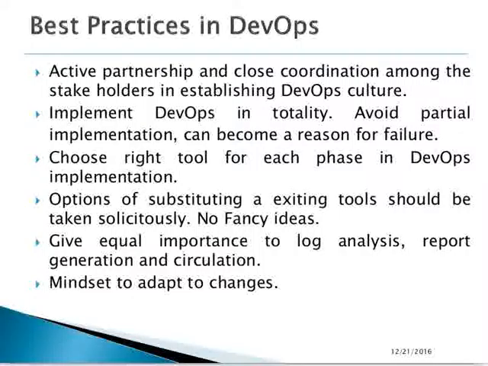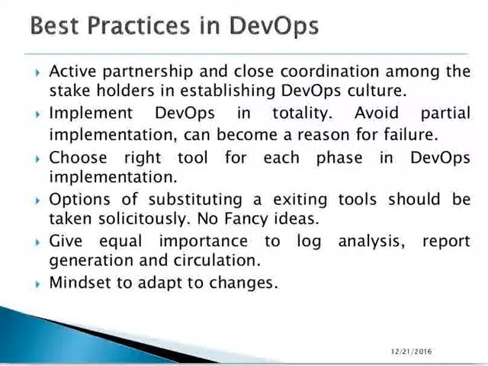Of course, these are not all. While we think of implementing DevOps, active partnership between all stakeholders is very important. The stakeholders can be product owners, the development team, testing team, infrastructure support groups, and so on. The important thing is to break the silos and encourage all of them to collaborate with each other.